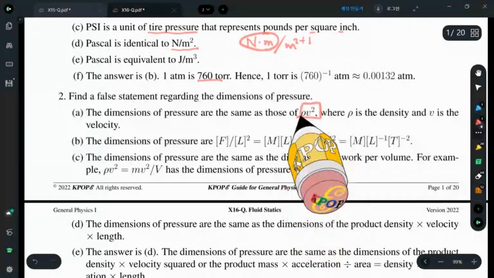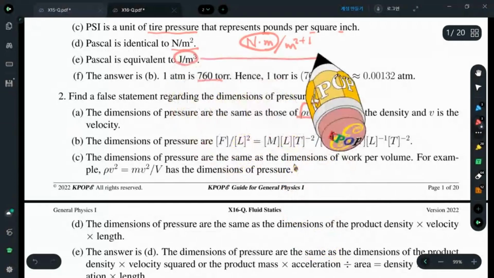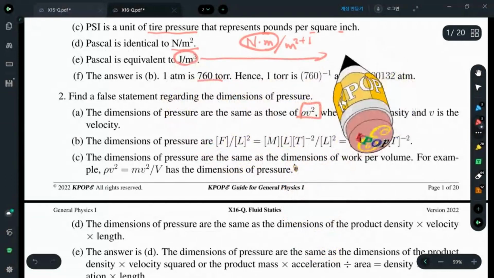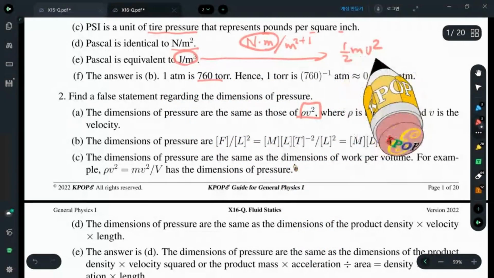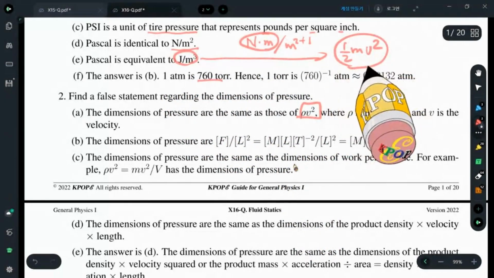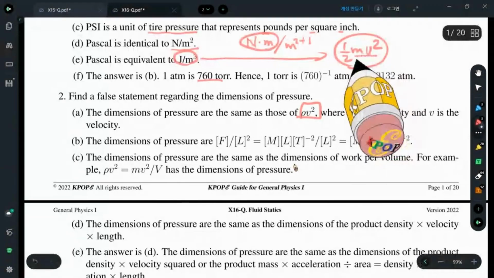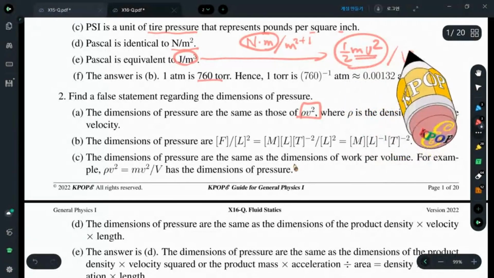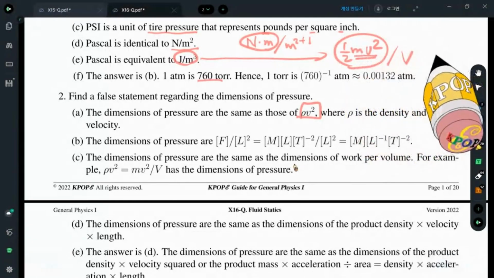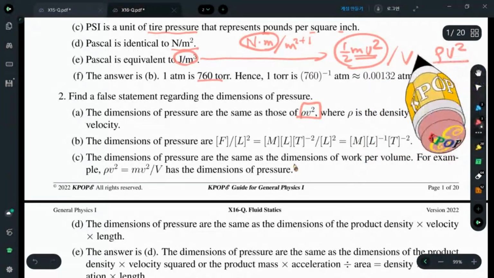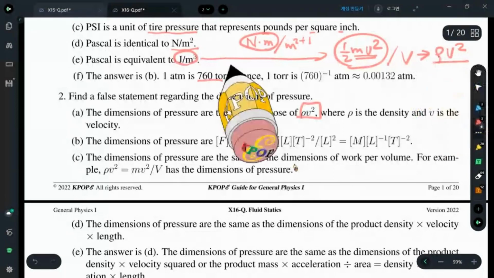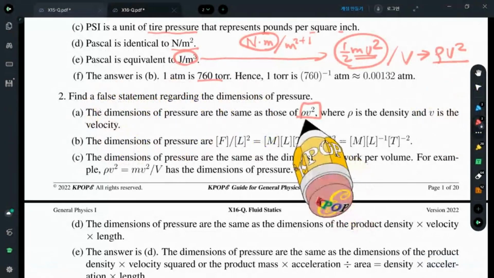Rho V squared, if you look at this, joule is for the energy. You remember 1/2 mv squared. That is the energy, kinetic energy. For example, mv squared divided by volume. Mass per volume is density. Multiply velocity squared. Aha, rho V squared is equivalent to the pressure.